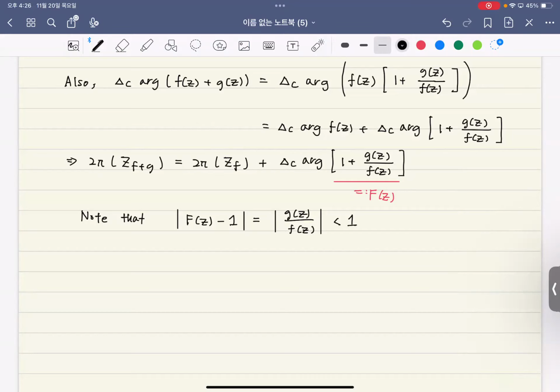So this implies the image of C under F does not enclose the origin.